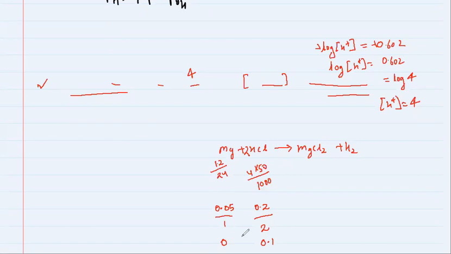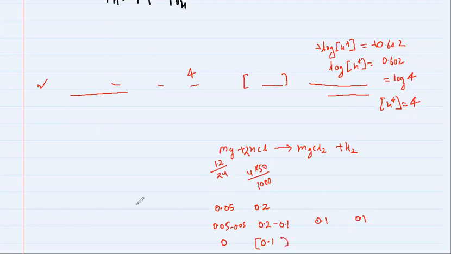So after the reaction is completed, we will get 0.1 mole of HCl left. Yes or no? Tell me, everyone. Everyone is getting this because it will be 0.05 minus 0.05. It is an irreversible reaction, so it will be used up. It will be 0.2 minus 0.1, because 2 into 0.05 gives 0.1, and 0.1 is left.